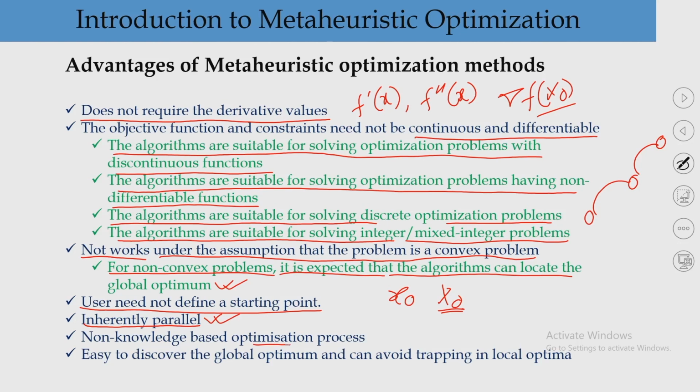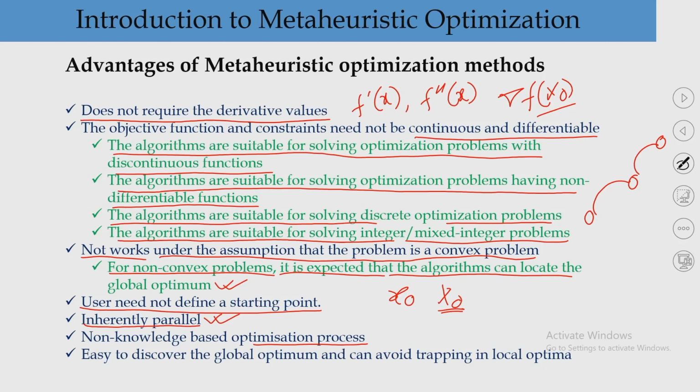Non-knowledge based optimization. Without knowing the nature of the function, you can apply this algorithm. In the case of classical methods, you should know what problem you are trying to solve, otherwise you may not get the optimal solution, but in this case I do not need knowledge of the problem.